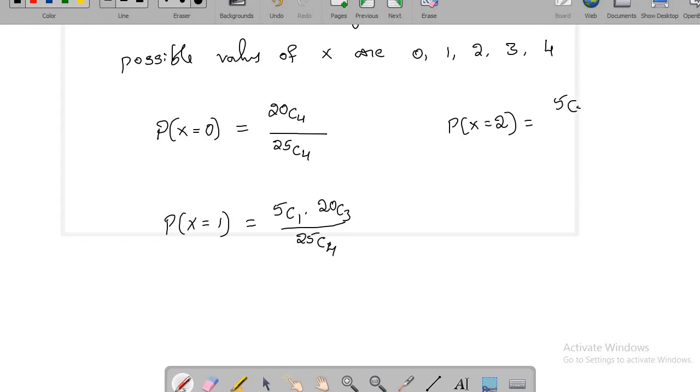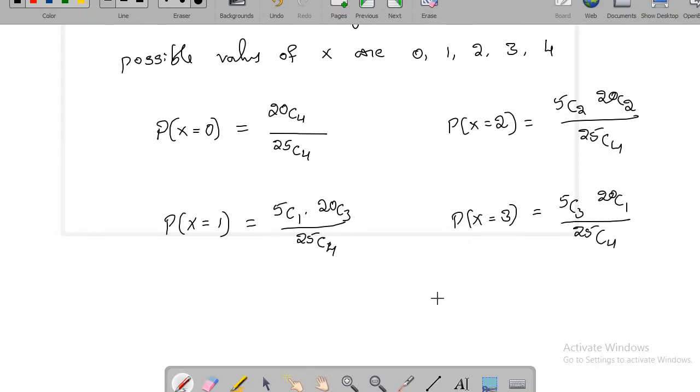So 5 choose 2, 20 choose 2 by 25 choose 4. And next probability that x equal to 3. So that is 5 choose 3 into 20 choose 1 by 25 choose 4. You try to simplify them and write the final expression, okay?